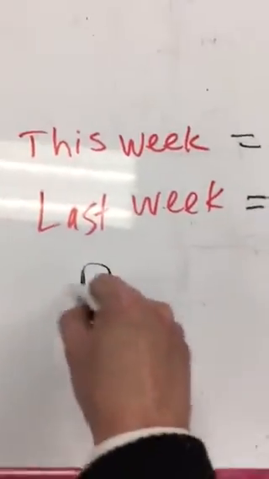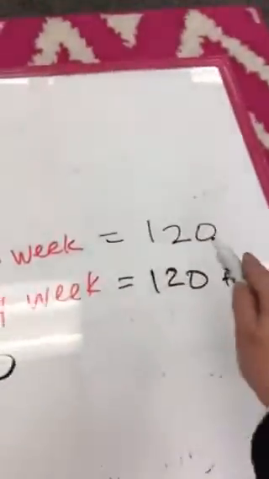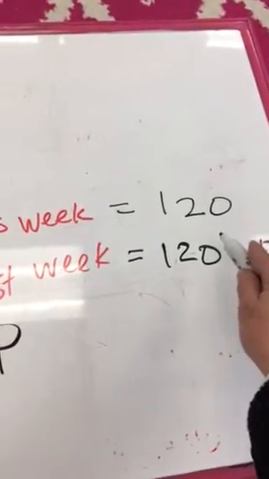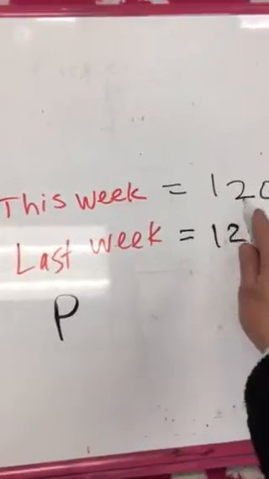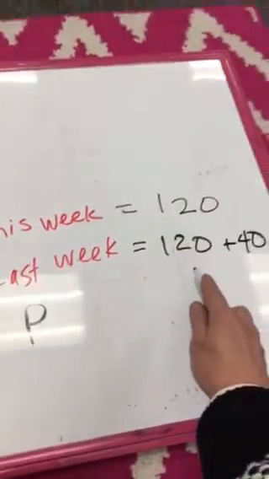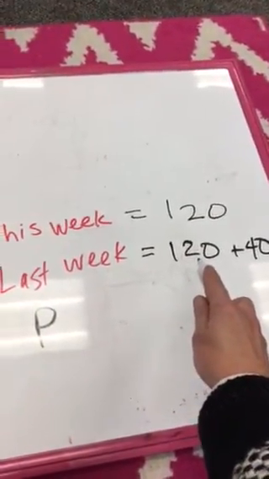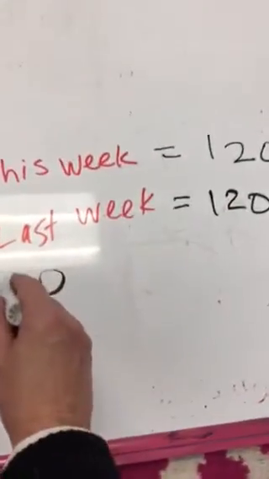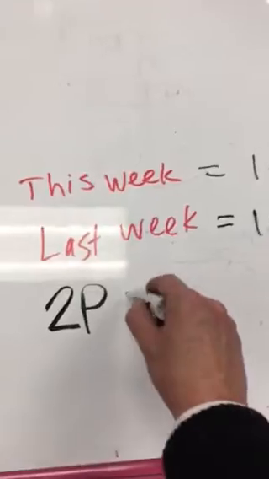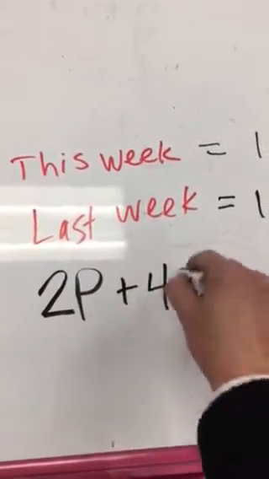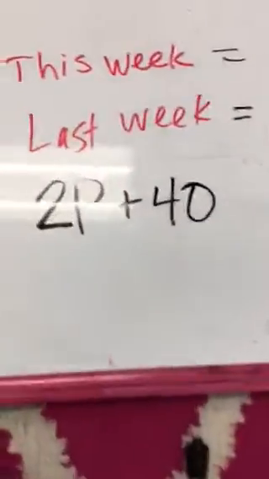So we're going to do P for pages, and I'm going to substitute that 120, and because I'm talking about this week and last week, there was at least 120 read both weeks, I'm going to say 2 times P, or 2 times 120 plus 40. And then I have an algebraic expression.